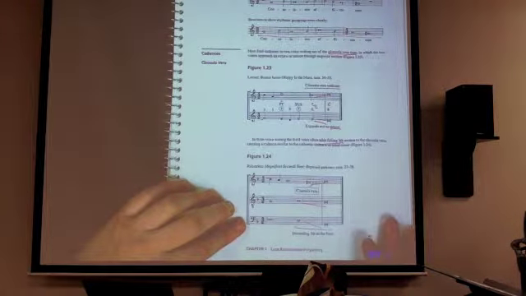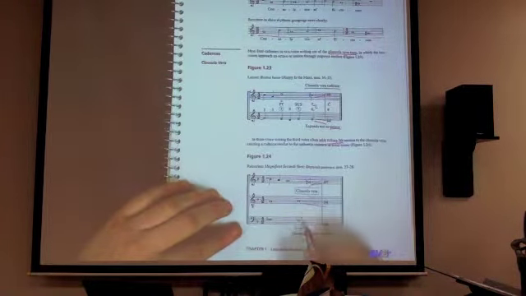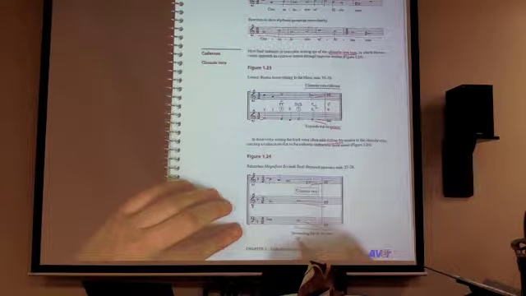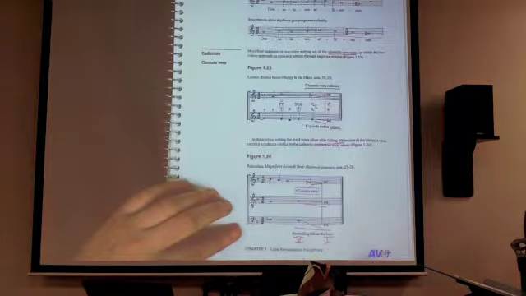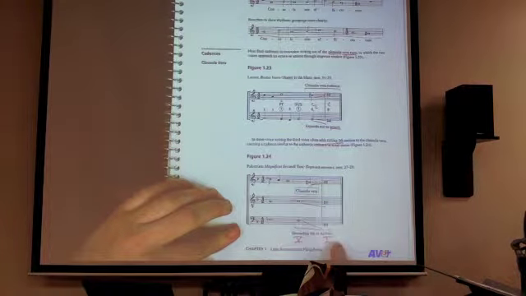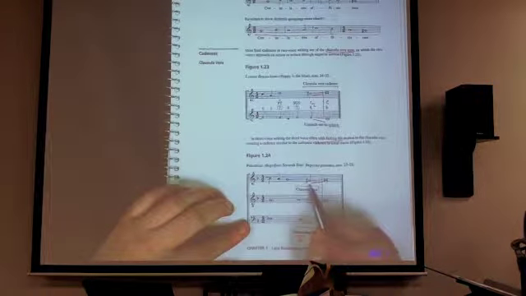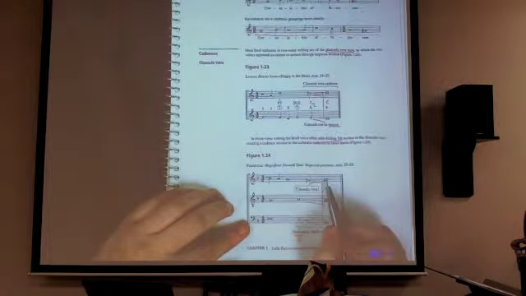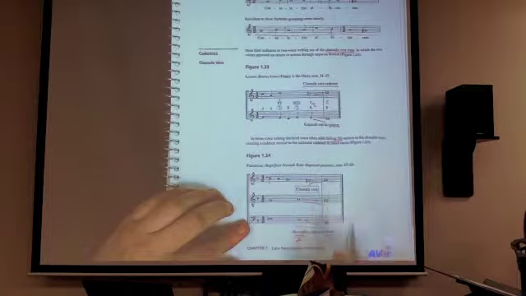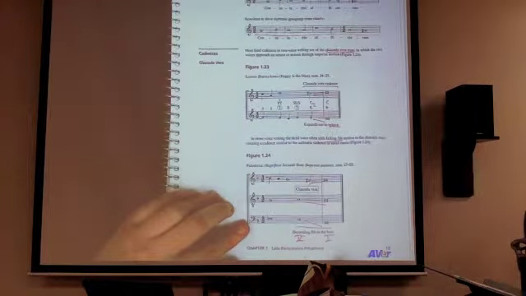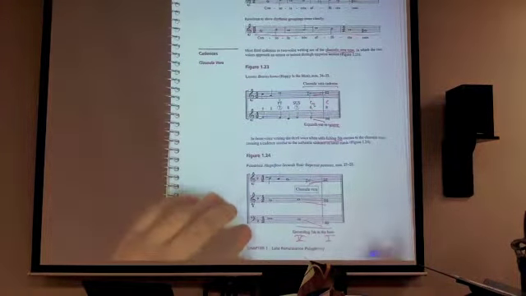Which is indicative of 5-1, right? So this is the beginnings of our perfect authentic cadence. And you can see here, we've got our nice stepwise half-step leading tone, the octave. Bam!